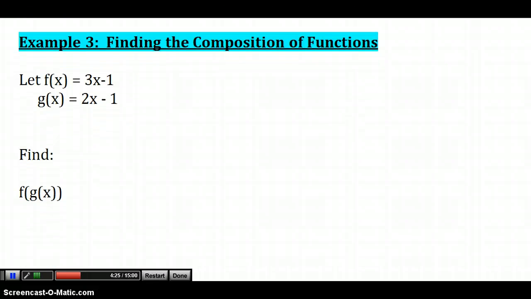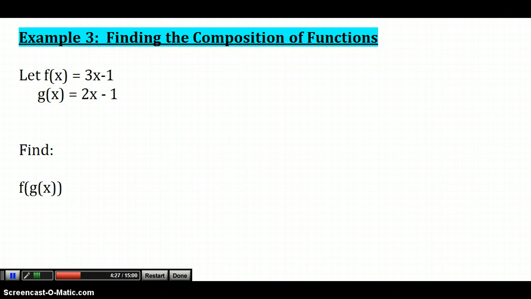So to compose two functions, let's first find f of g of x. So what you're going to do is if I'm plugging g into f, wherever I see an x, I'm going to put this entire function. So if I start writing f of x, it's 3, and the next thing I would write would be x, but instead of writing x, I'm going to write this entire function. So I'm going to put, instead of x, 2x minus 1.